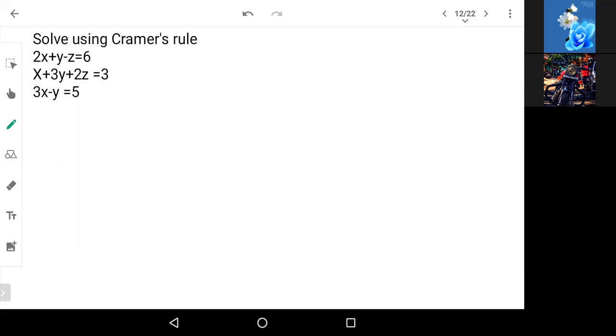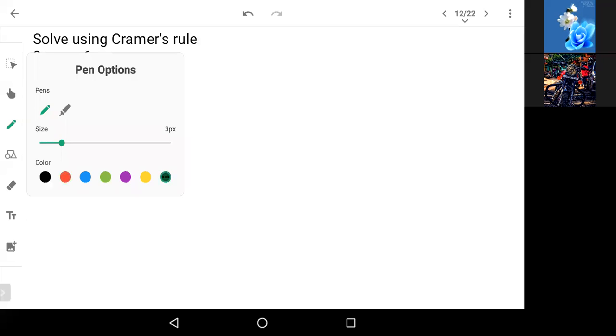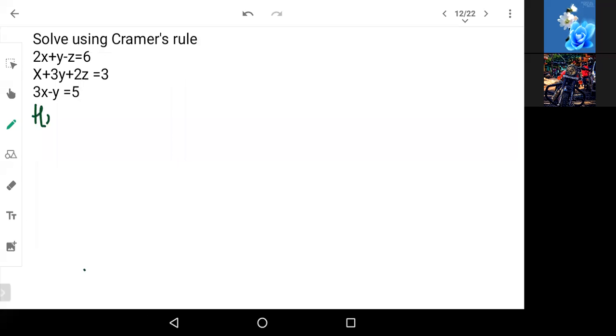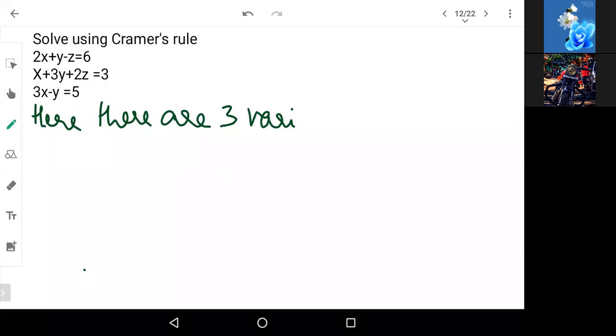Now 3 equation Cramer's rule, you have 3 equations that are given. So let us form the determinant. Now here you will have 3 into 3 determinant. So here there are 3 variables. Which are the 3 variables?